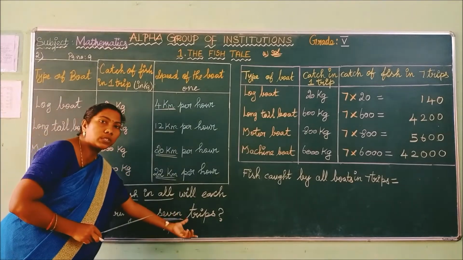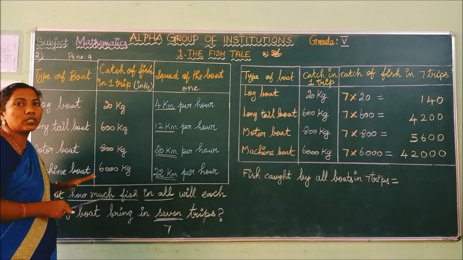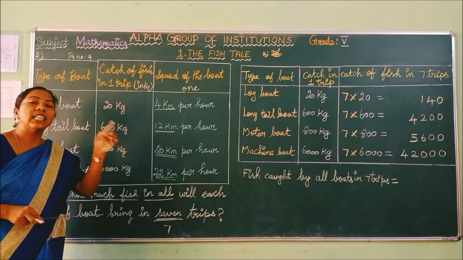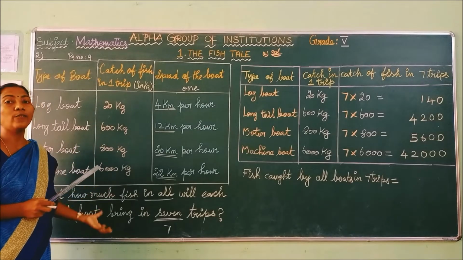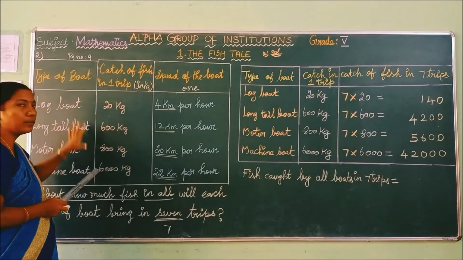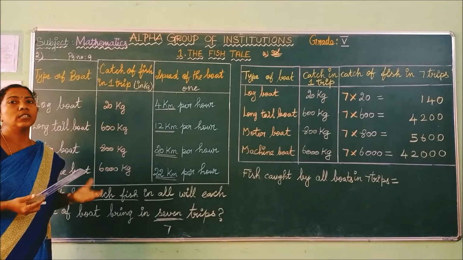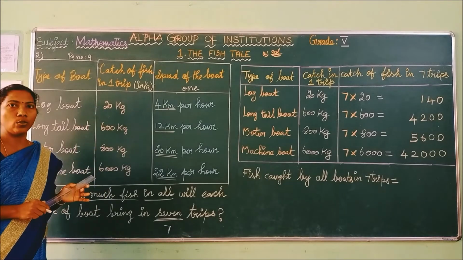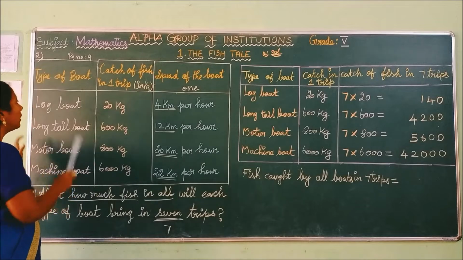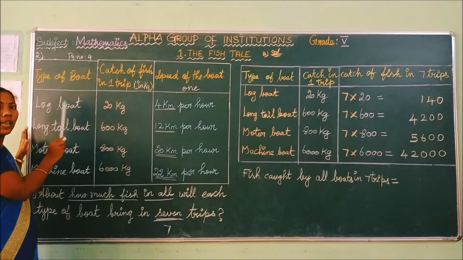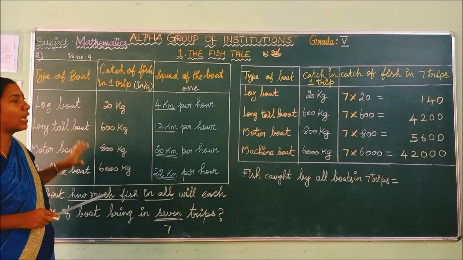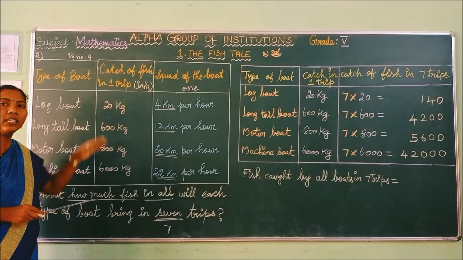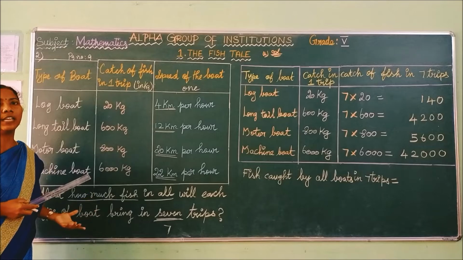So these 4 types of boats go to the sea 7 times and catch fish. They are asking, after the 7 trips of all types of boats, how much fish each boat can catch. So we have to calculate for each type of boat in 7 trips, and then we can add to get the total.